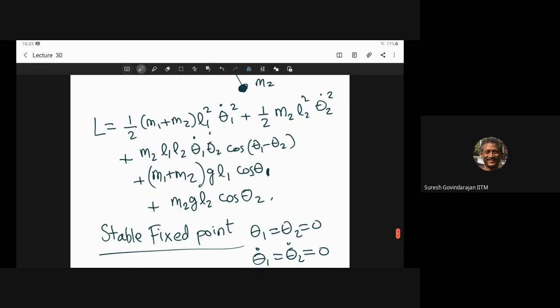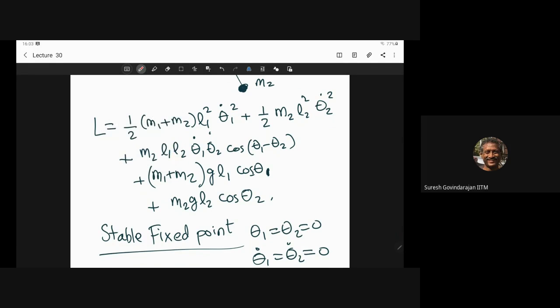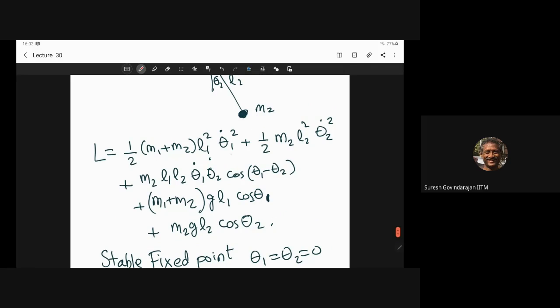So first thing is let's look at T. Theta 1, theta 2 are small. That's our assumption, so we throw away all terms which are higher than second order. Looking through this at T, you see that this is the only term which has a dependence on the coordinates.